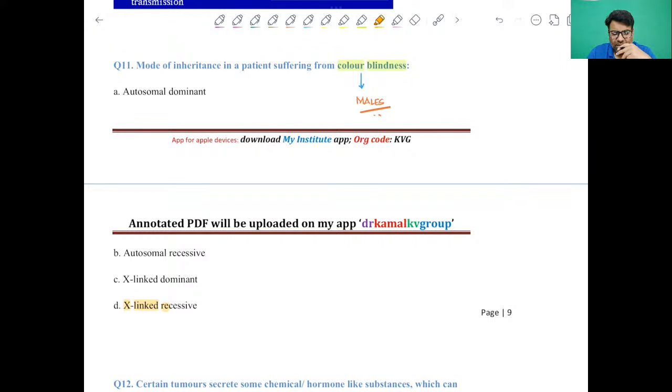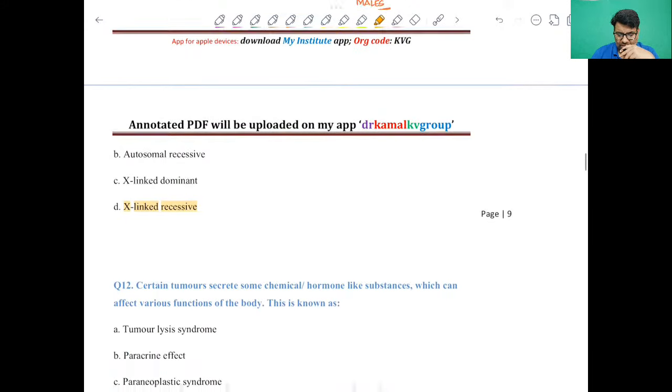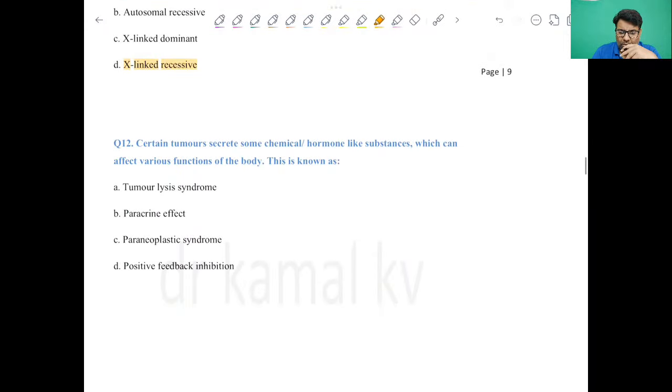Very good, Shrutis. So the moment you see any condition which is predominantly in males, with no father to son transmission, straight away mark X-linked recessive.